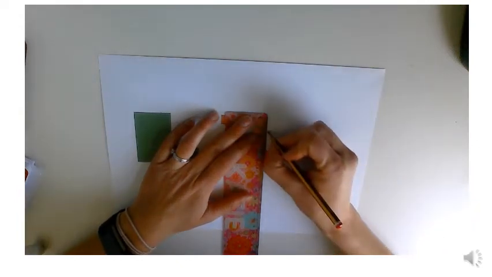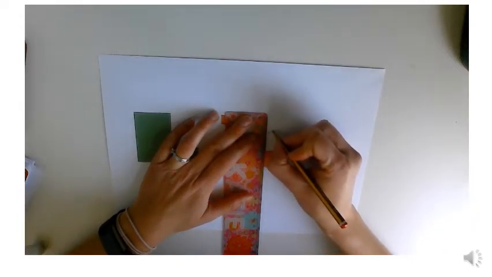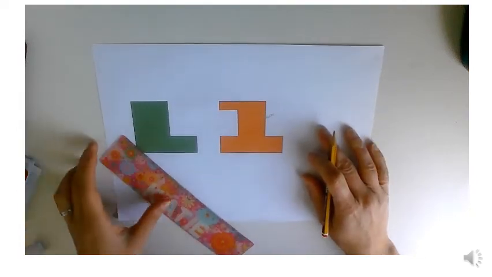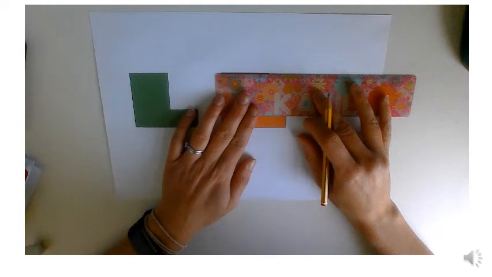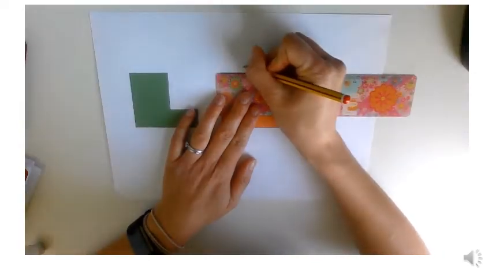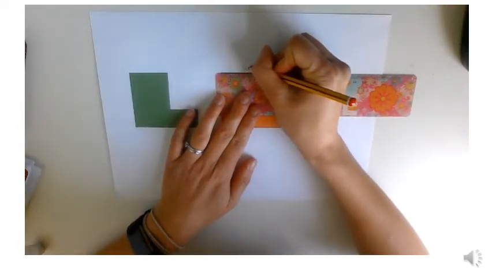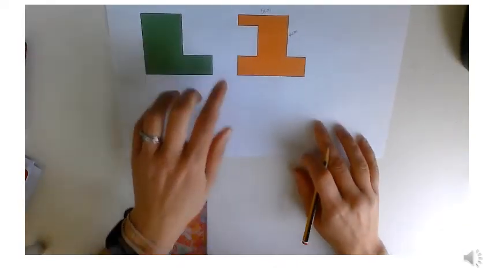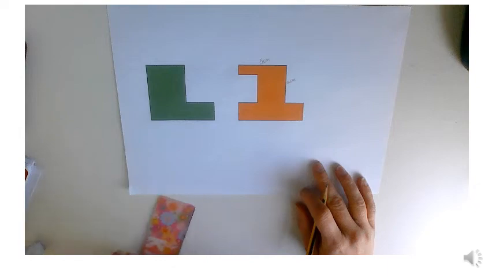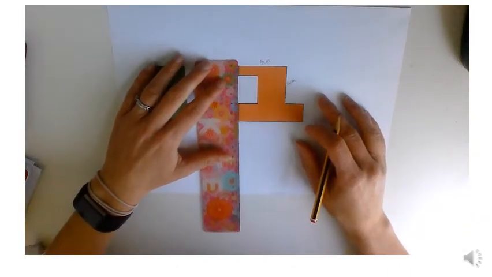So I can see that one to the nearest centimetre is 4 centimetres. I measure this one, 5 centimetres. Don't forget, you must include these little ones here as well. They're really easy to miss out.